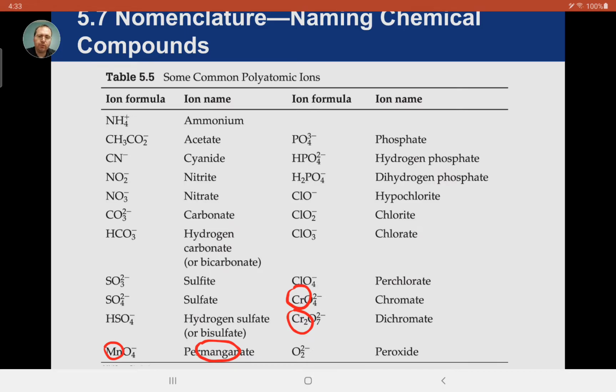Other ones are just pretty random, pretty tough, and we're going to try to give you an indication of how to at least think about them in patterns. So things like acetates and cyanides, those are ones that you're probably just going to have to remember straight up, along with permanganate, chromate, and dichromate, although those are a little bit easier, and say a peroxide. Most of the others, though, we can give you a nice little pattern to help you out.